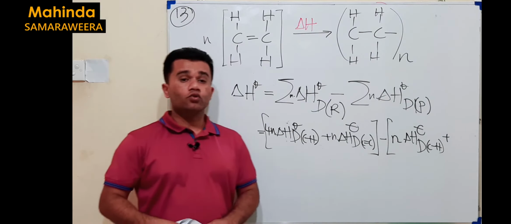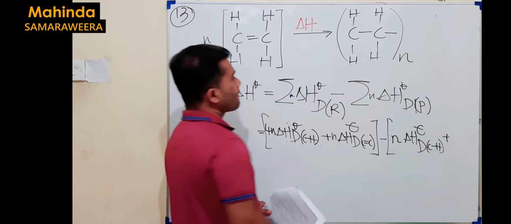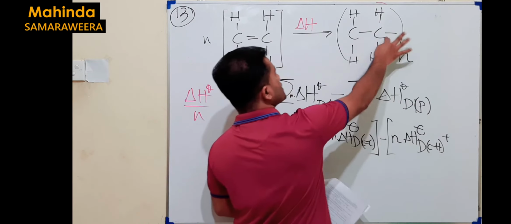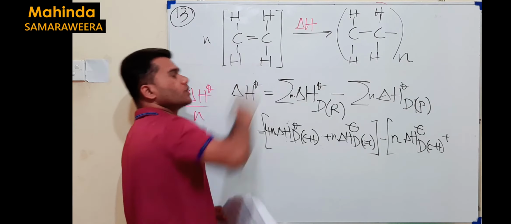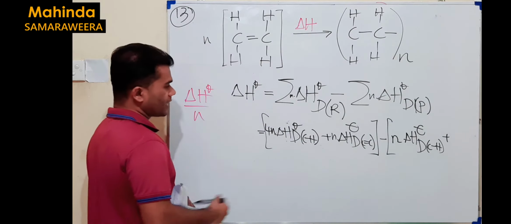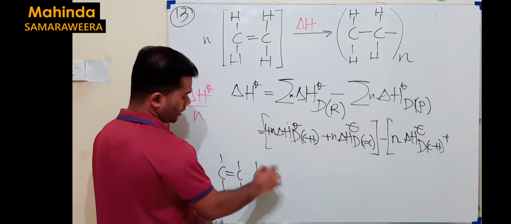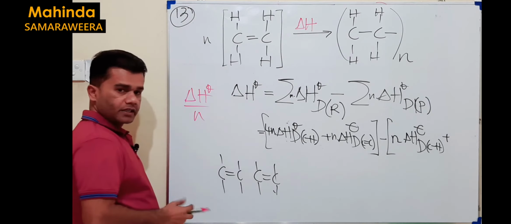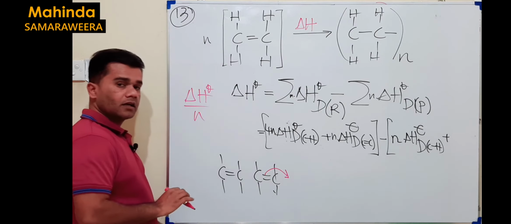This is where you need the mechanism of polymerization. Here it's actually not just one C-C bond. It's 2 C-C bonds. One monomer will produce 2 C-C single bonds, because during the mechanism this is what happens. One double bond like this, another ethene molecule like this. This will deform the electron cloud of this unit. Then this electron cloud goes to the other side. This carbon takes a positive charge.